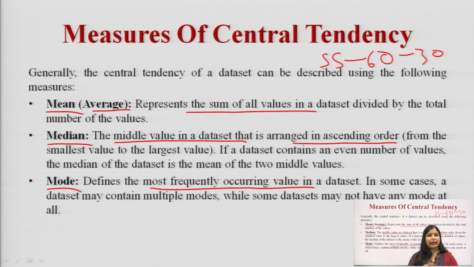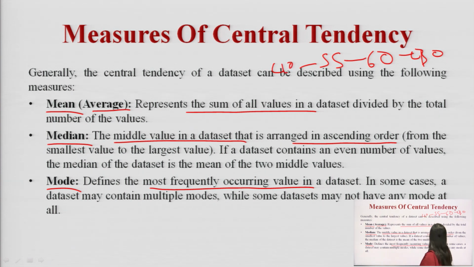In the median, we find where most of the data is concentrated, the middle value. Suppose there are 100 students, then from both sides there will be 40 students on this side and also on this side.